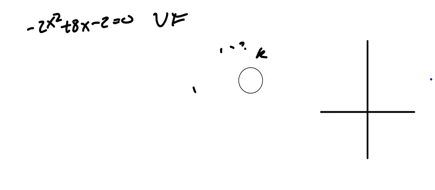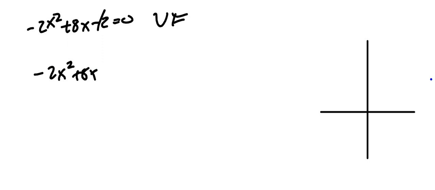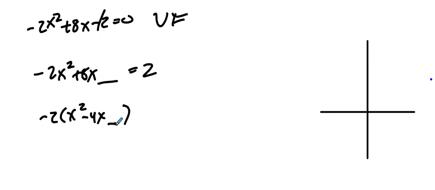So let's use some properties of quadratics and algebra to switch this around into this form. For example, let's move the 2 to the other side because we want to complete the square. Negative 2x squared plus 8x, and let's leave a little slot here, equals 2. Let's factor this out: negative 2 times x squared minus 4x, and then leave a little space, is equal to 2.